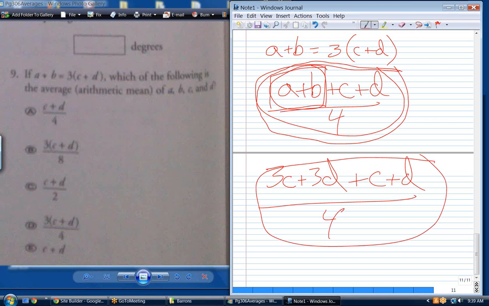In other words, the goal is to eliminate the A and the B, not to eliminate the C and the D. So that we end up, and then this simplifies nicely into 4C plus 4D over 4, which is C plus D. Final answer.